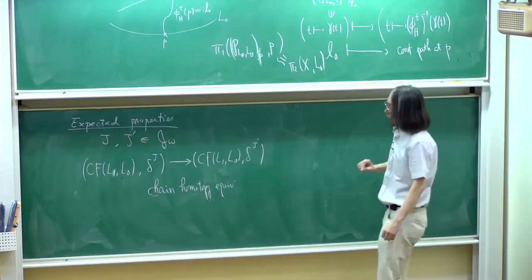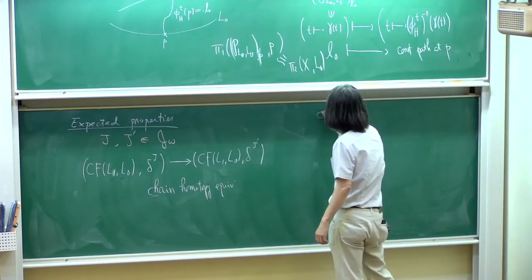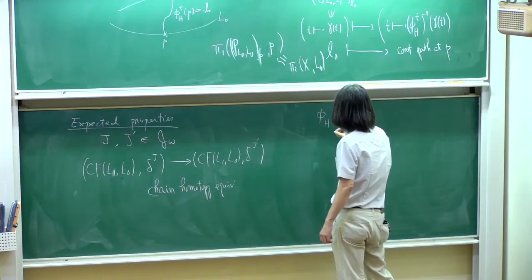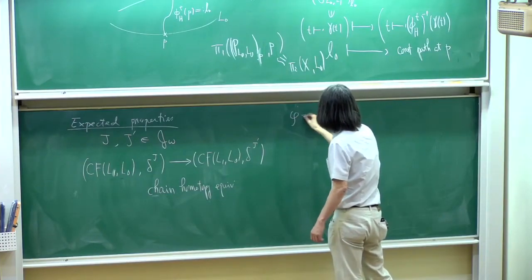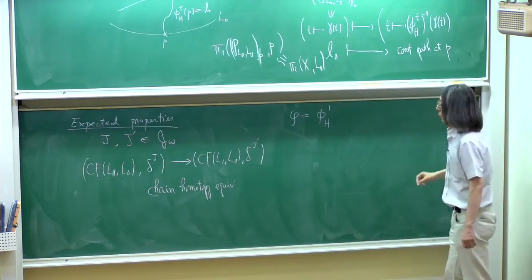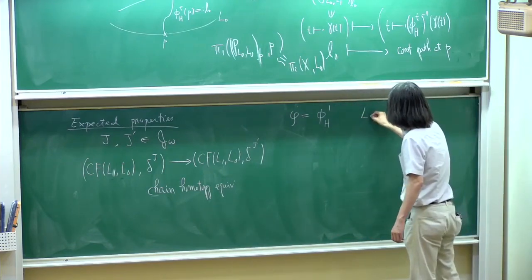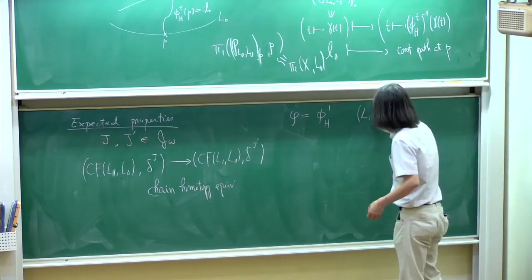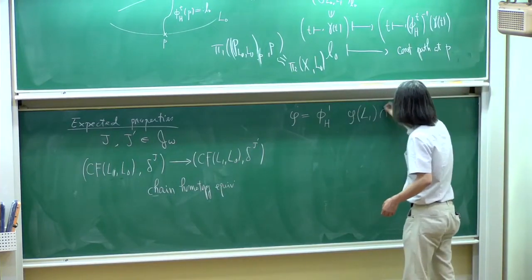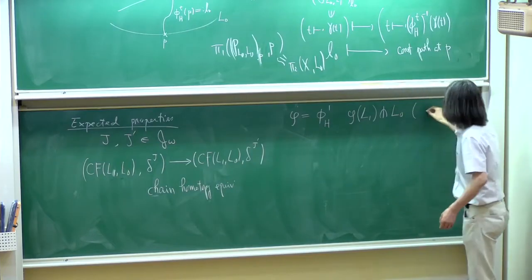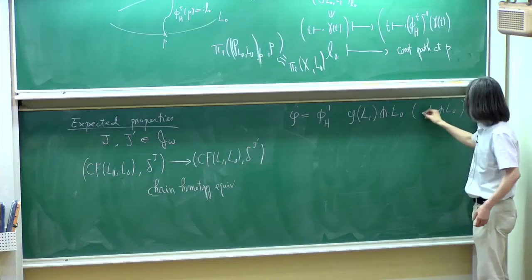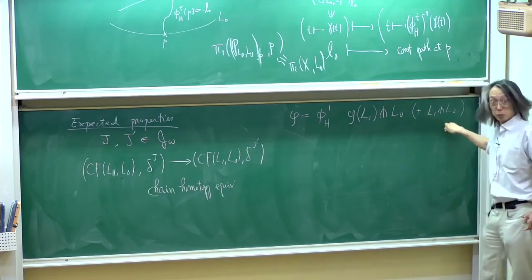And another thing is that if you have phi of h, maybe phi is equal to phi_h(1), so that not only L1 is transversal to L0, but the image of L1 is also transversal to L0, right? So we assume this one and this one.